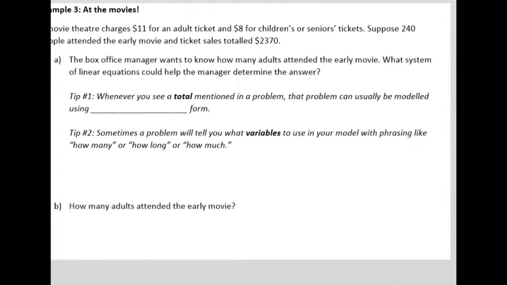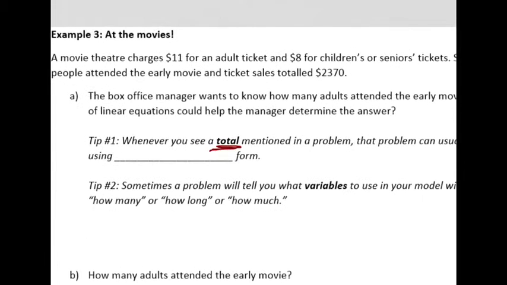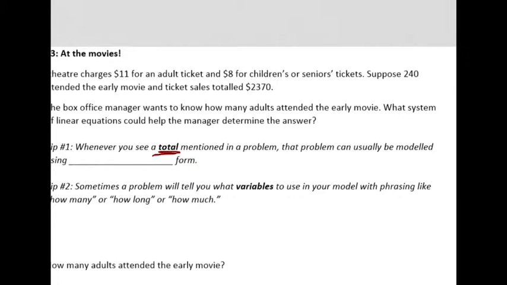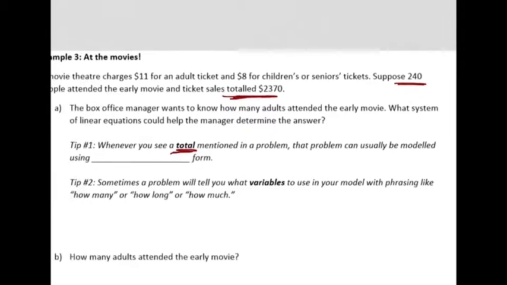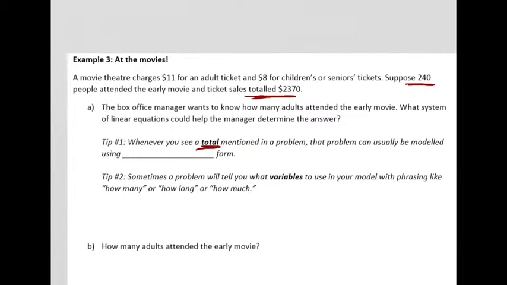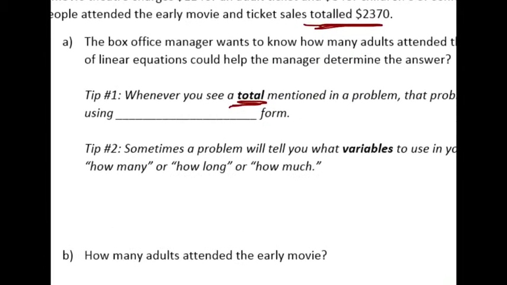Whenever you see a total mentioned, a total amount, like we do here, we have the total number of people and the total number of sales. So we have two totals, in fact. Those total problems can be modeled using general form. And I'll show you how to do that in a moment.